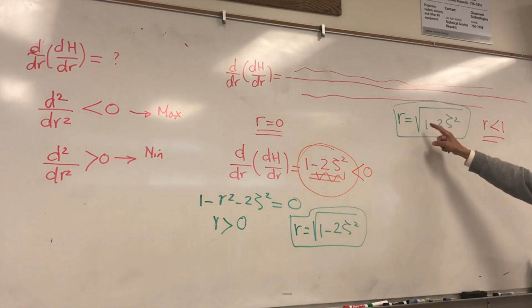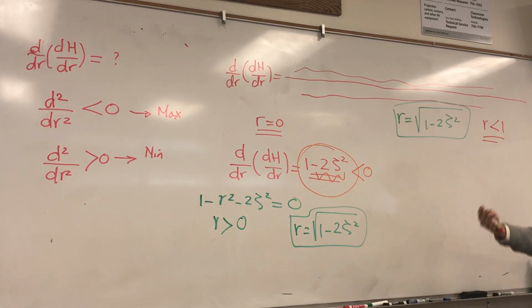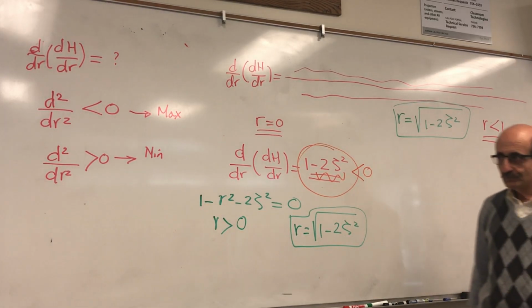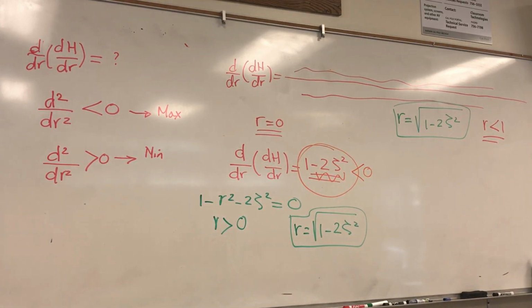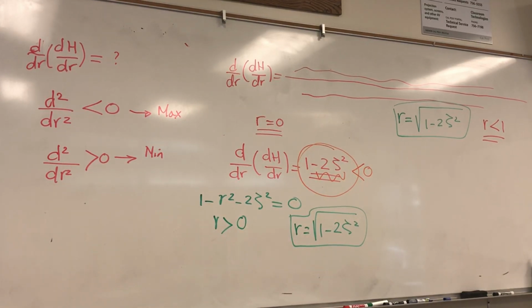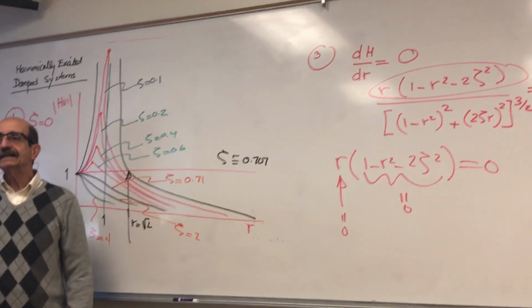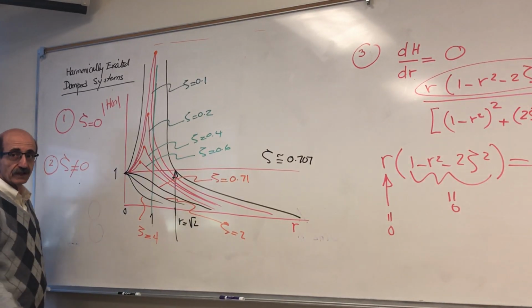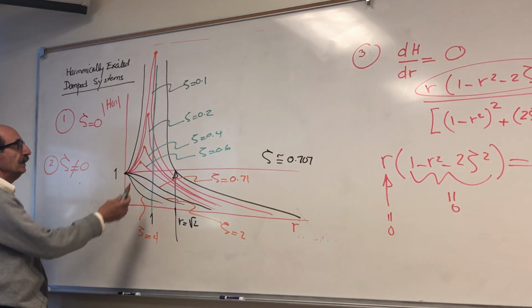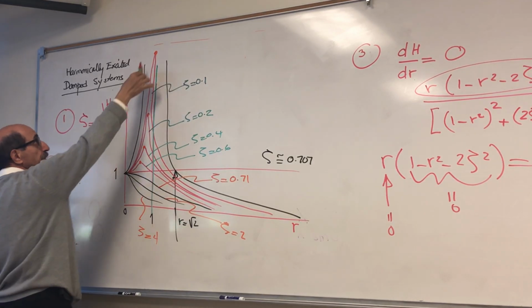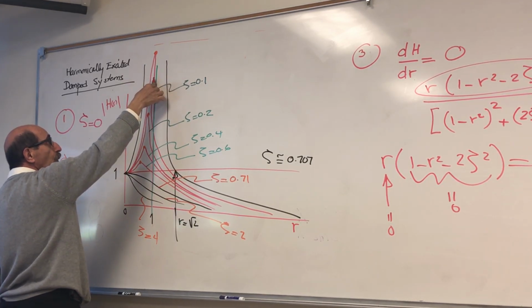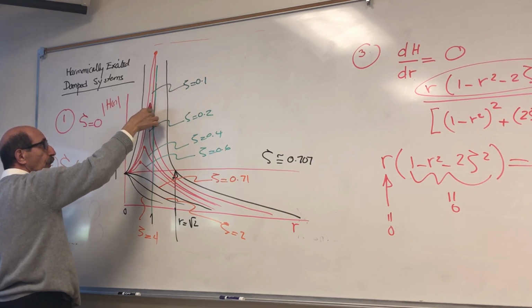The square root of 1 minus something is always less than 1. That means for those curves that you see here, the maximum value always occurs at R less than 1. For all of these curves, the peak value is before R equal to 1.